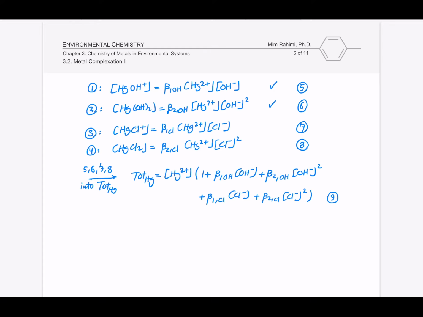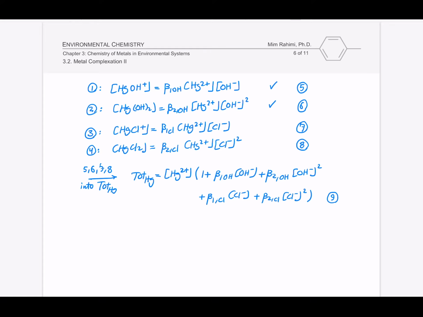So in the previous lecture, we had the relationship up to here. And this was very useful, very straightforward. At each pH, we have the OH minus value. These are the constant. This is also constant. We could quickly calculate Hg2 plus at each pH. It was very straightforward.